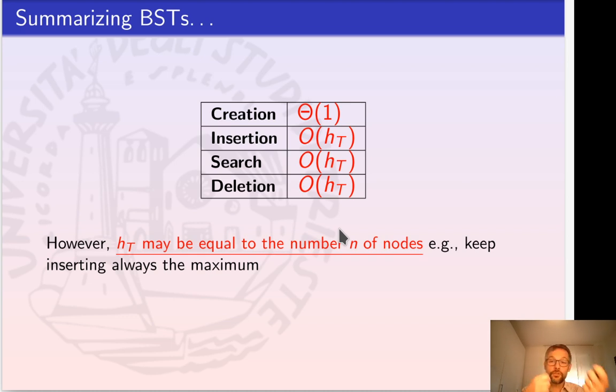So you first insert 0, then you insert 1, then you insert 2, then you insert 3, and so on and so forth. So what are you doing? You are inserting values on the rightmost branch of the tree. And so at the end of the insertion, you end up with a chain, basically. And so the height of the tree is equivalent to the number of values stored in the tree itself.